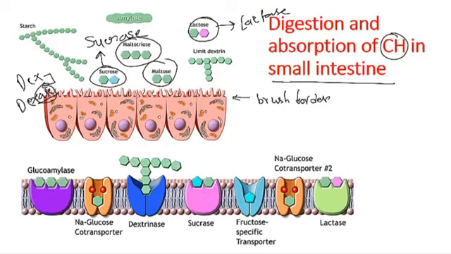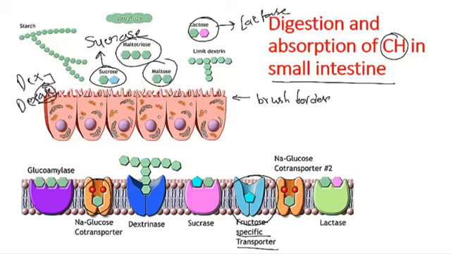Fructose enters the epithelial cell on its own via its own fructose-specific transporter, but glucose and galactose transfer at the same time. We also have the glucose sodium co-transporter, which helps to move glucose using the sodium ion concentration gradient.